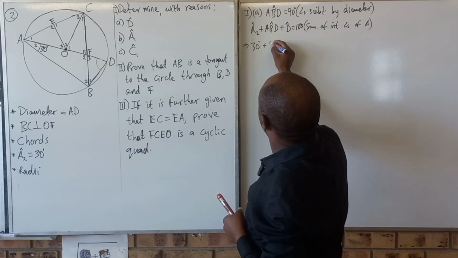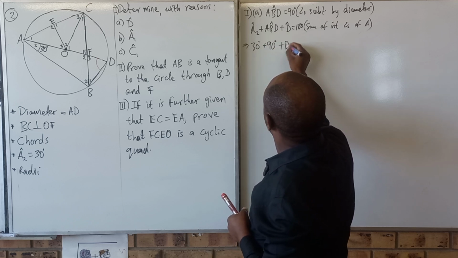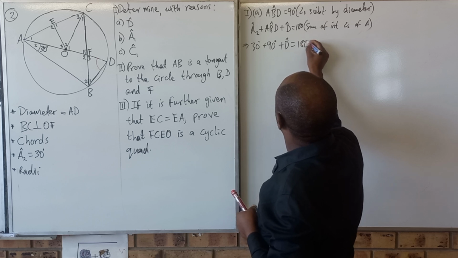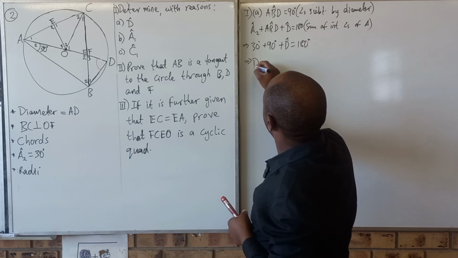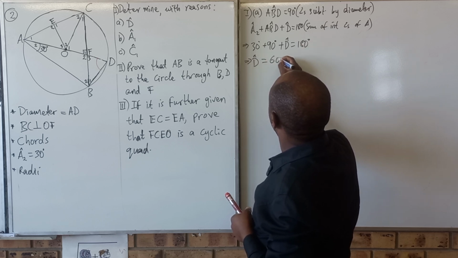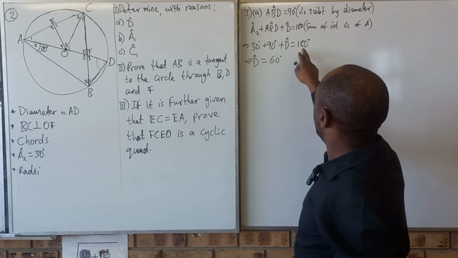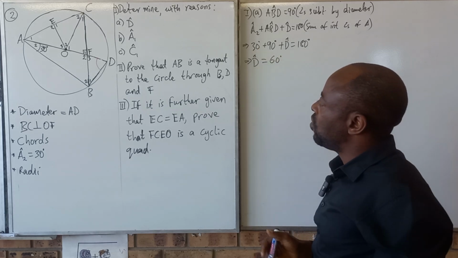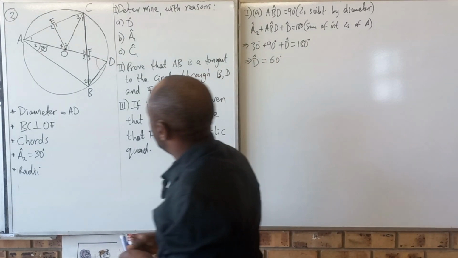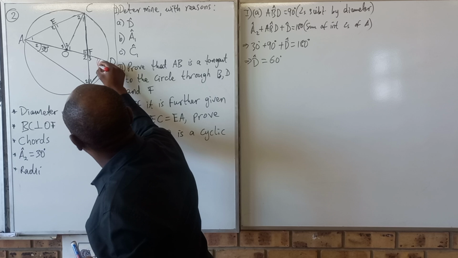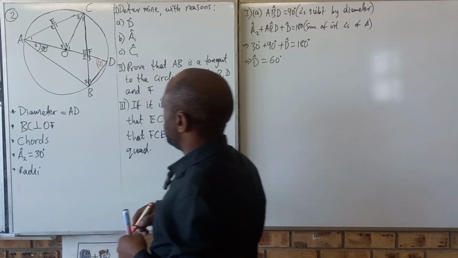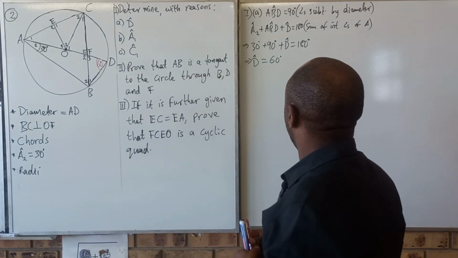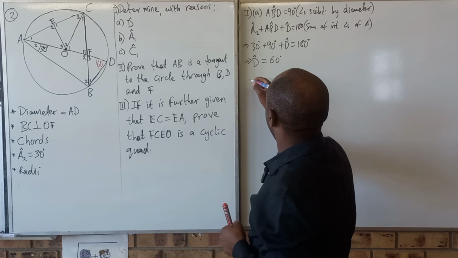We have just proven that ABD is 90 plus D equal to 180. Is therefore showing to us that angle D should be the 60 degrees if I take 180 minus 120. So to be on the safe side, I can go there and put 60, because certainly it will help me as I move forward. So that is it.